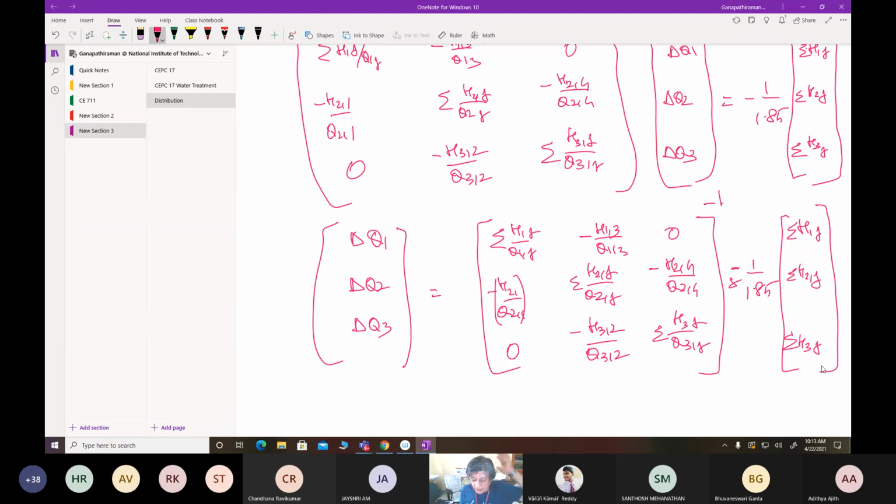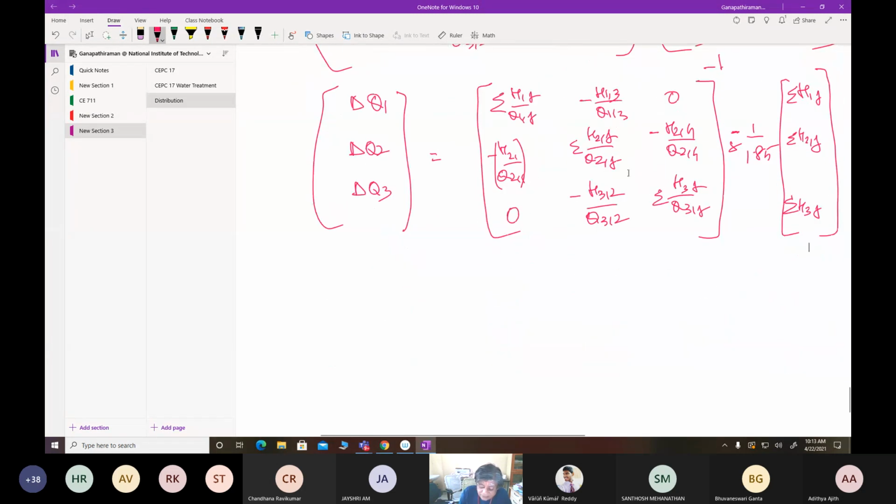You will get a column matrix, which is the solution to the problem. Is it okay? This method is called the Newton-Raphson method.